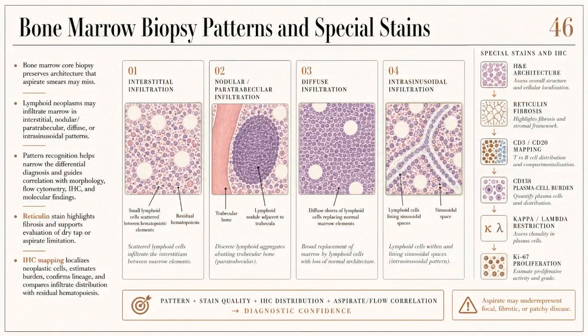As we transition into the detailed examination of bone marrow biopsy patterns and the application of special stains, it is essential to appreciate how this knowledge integrates with the broader goals of HTL 308. Our focus here is not merely on recognizing histological appearances, but on understanding how these patterns inform diagnostic reasoning, influence laboratory workflow, and ultimately impact patient care in hematopathology.